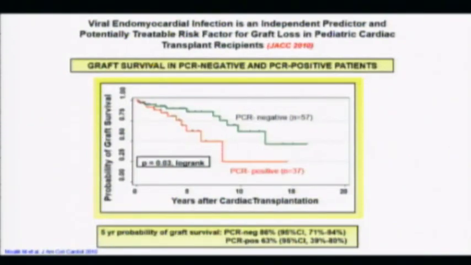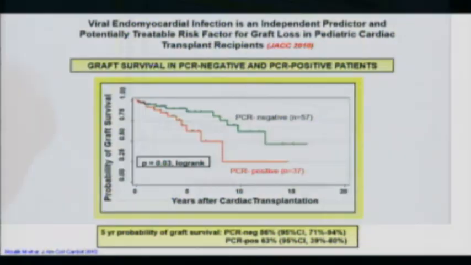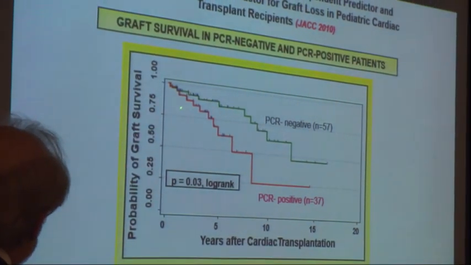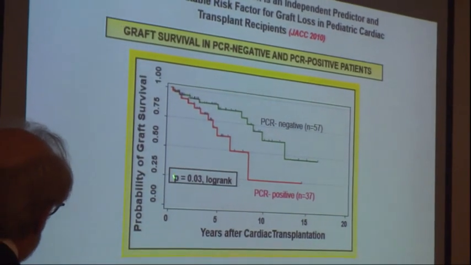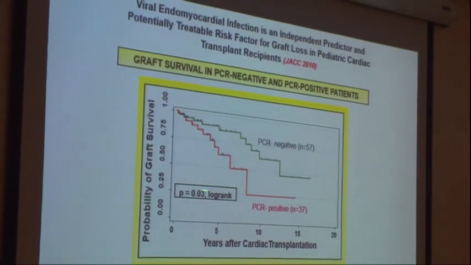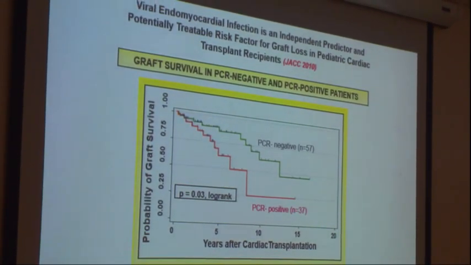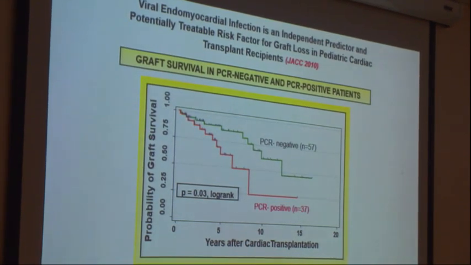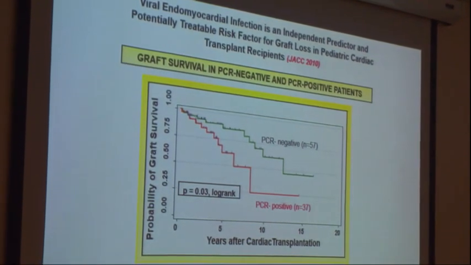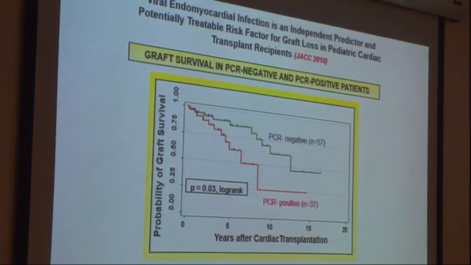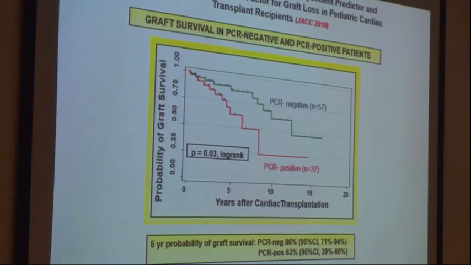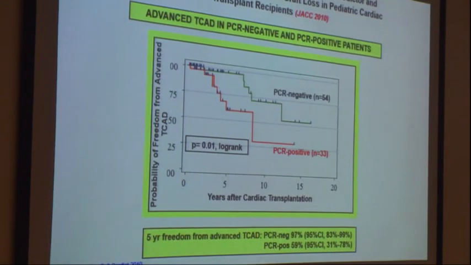When you look at graft survival in the PCR negative versus positive, you see a similar difference, with a p-value substantially different. You can see the 5-year probability if you're PCR negative, not as good as the previous, but 86%, versus back down to 60+%. So a substantial difference in the PCR positive versus PCR negative.